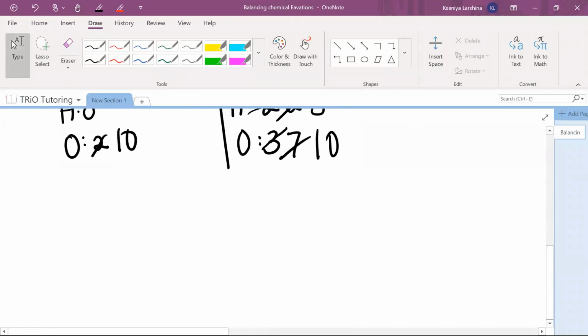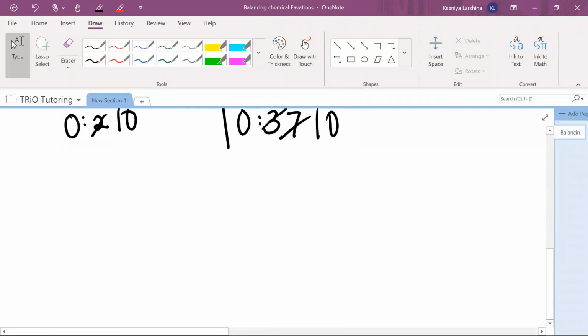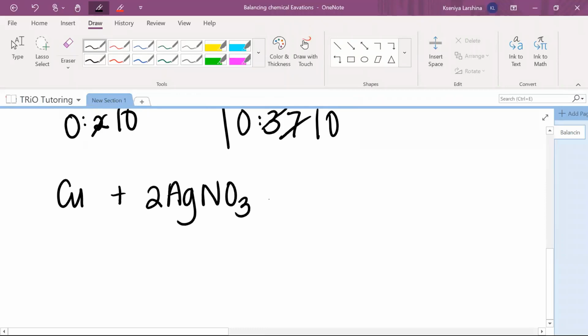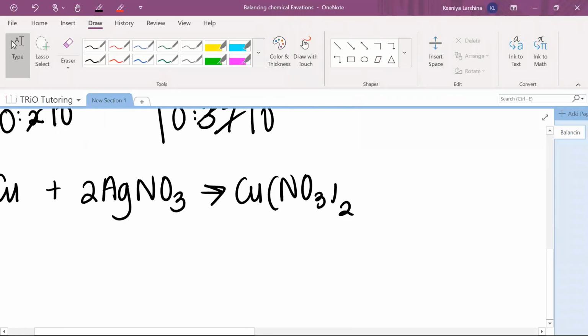Another problem for balancing equations are ones with polyatomic ions. So say you have copper plus 2 silver nitrate into copper nitrate and then plus 2 silver.